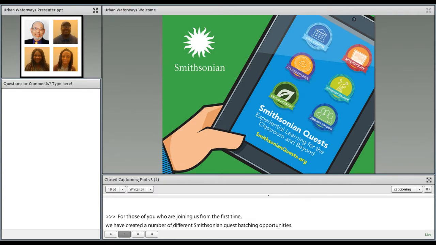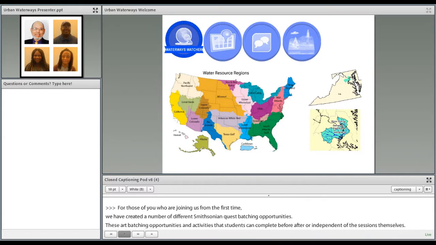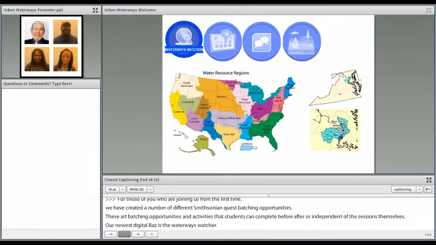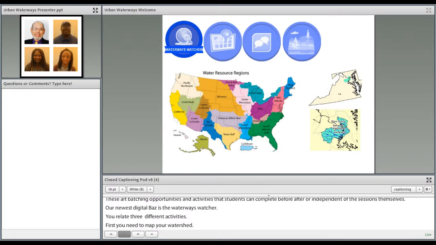Our newest digital badge is the Waterways Watcher, which asks students to complete 3 related activities, the first being to map their watershed. For example, here in DC, we're part of the Potomac, Anacostia, and Occoquan watershed. Students are asked to think about what friendly advice they might offer to a friend who says maybe saving water is too hard in their busy lives.